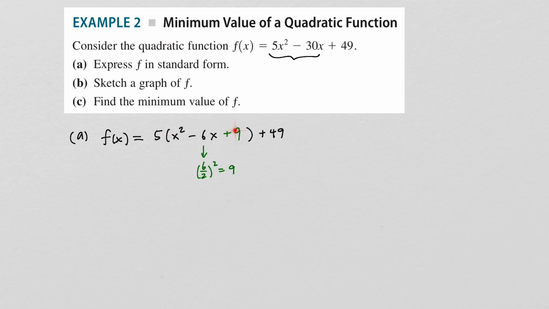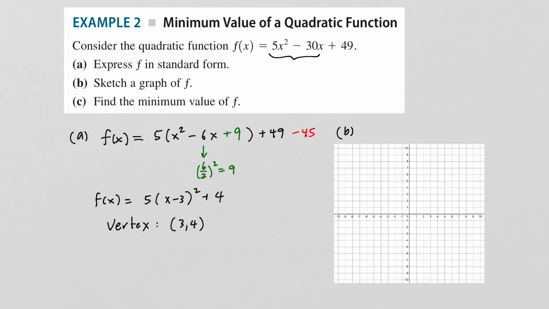And 5 times 9 is 45, so I need to subtract 45 to cancel that. And so in standard form, we can write this as 5 times x minus 3 quantity squared plus 4. So now we know the vertex is going to be the point 3, 4.